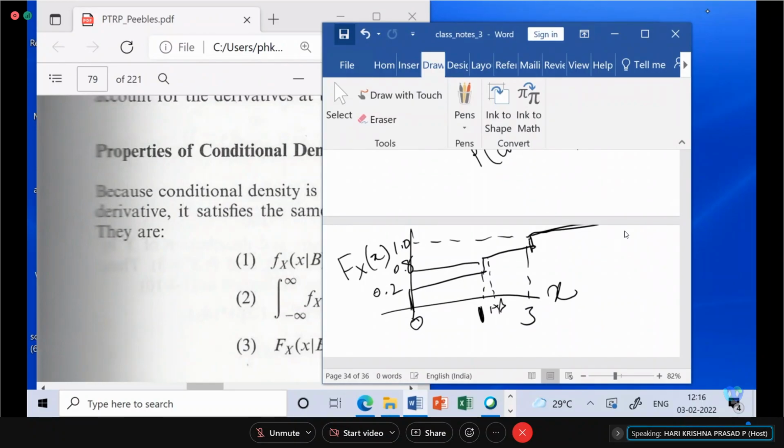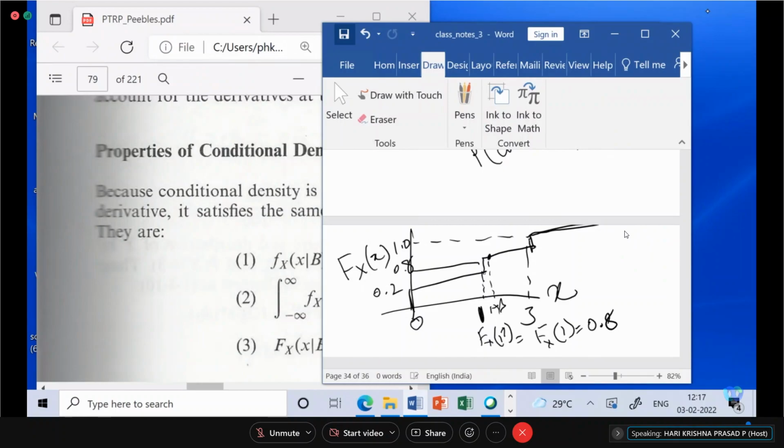What is the value of the distribution function? It is 0.8. The same value is applicable at x equal to 1 also. That is what we mean by F_X(1+) equal to F_X(1). It is 0.8.